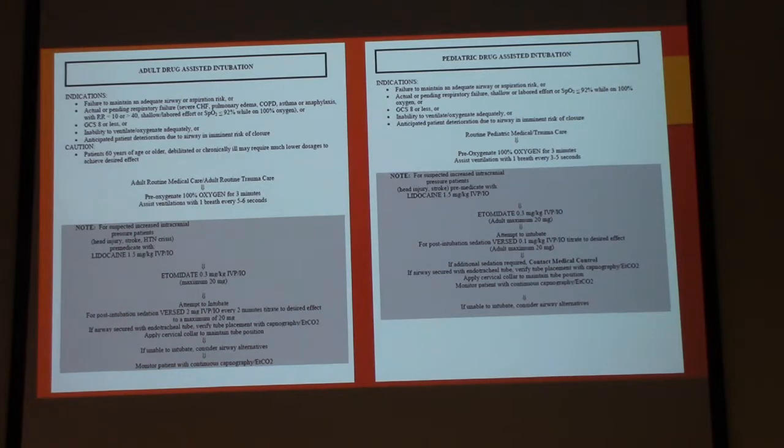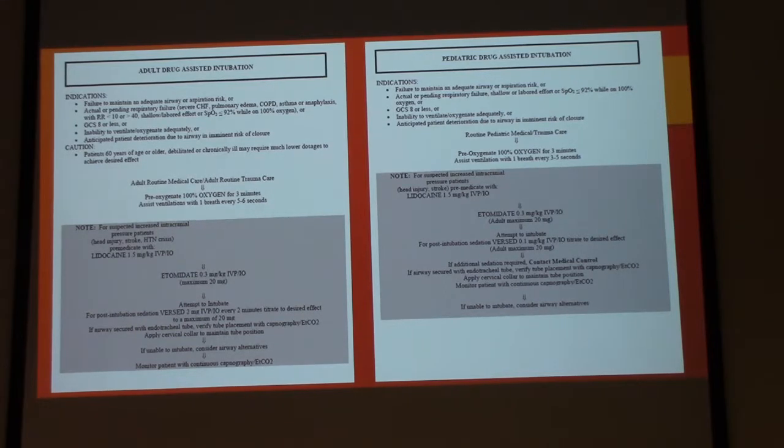So our protocol states that anytime that there may be airway or respiratory compromise, anytime that the GCS is less than 8, they have a ventilatory rate that is less than 10, greater than 40, or even if the patient's SpO2 is less than 92% on 100% oxygen.